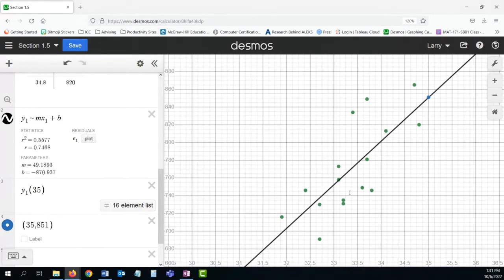What this does mathematically is it takes every point that is on the graph. It finds the distance between the point and the line, and then it creates a square where the top left touches the point and the bottom right touches the line, or if I'm down here, the top left touches the line and the bottom right touches the point.